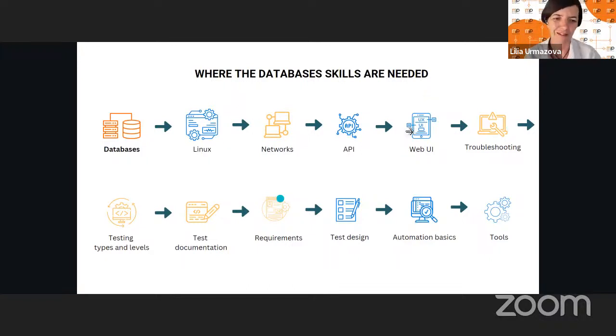Then you will have the API module, and here, anyway, you will touch the database, I think, because some API methods can send data to the databases. So you will remember the databases here. Web UI as well, maybe you will touch the databases a bit.